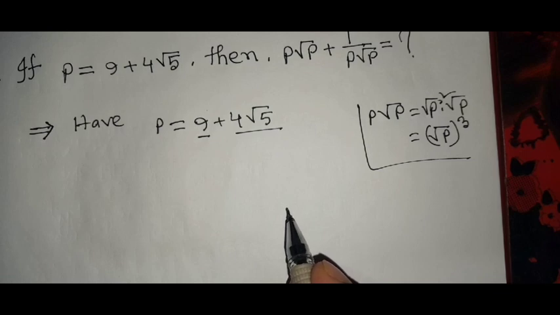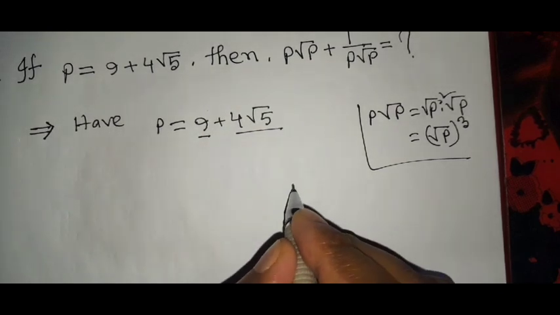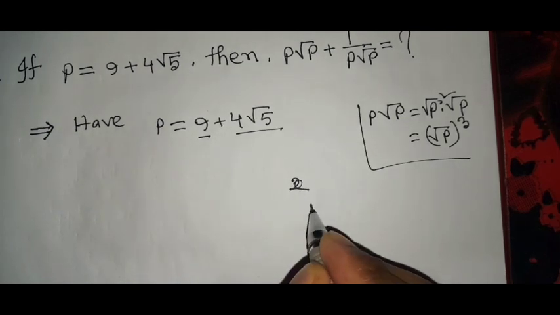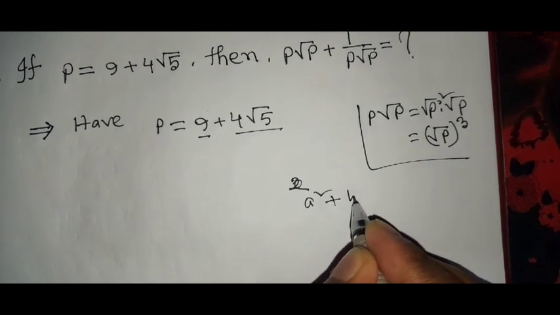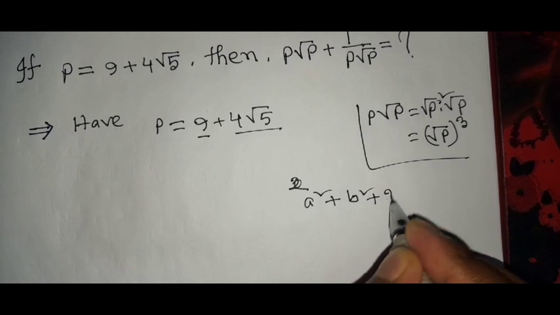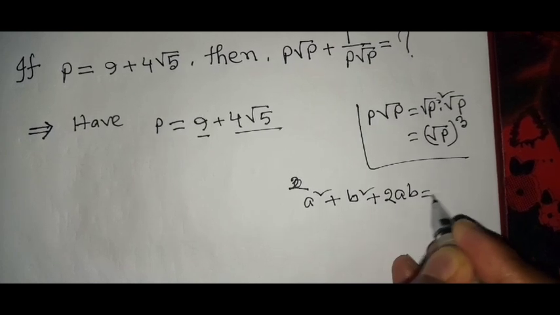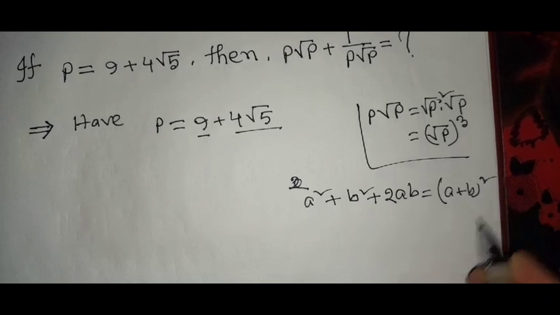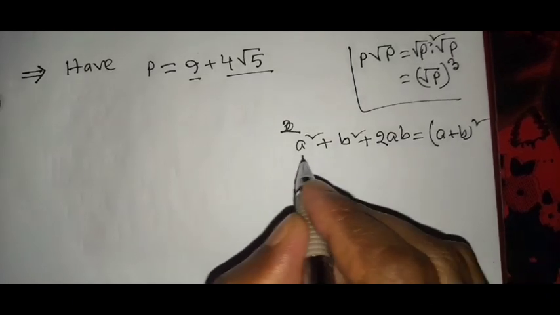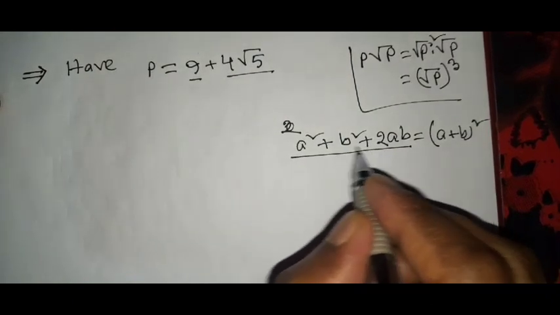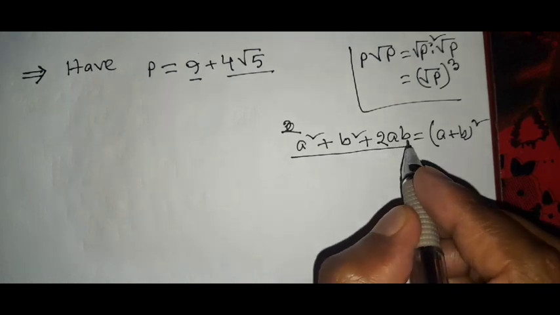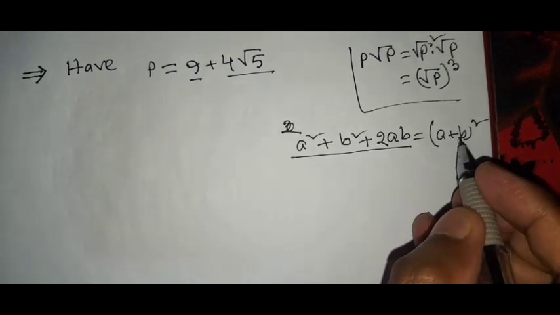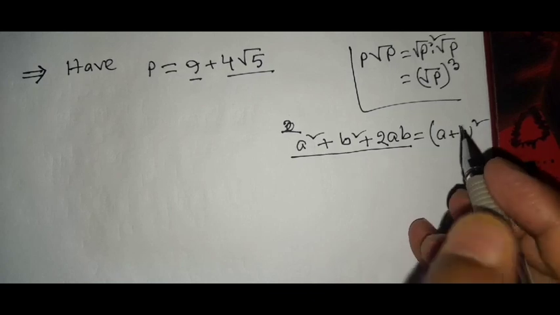We factorize it, and we know that a square plus b square plus 2ab is equal to a plus b whole square.